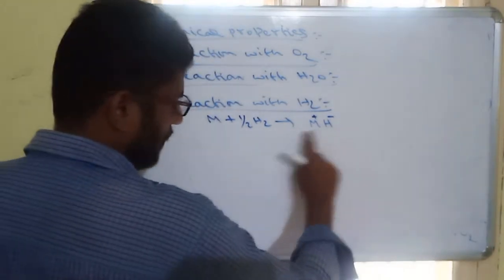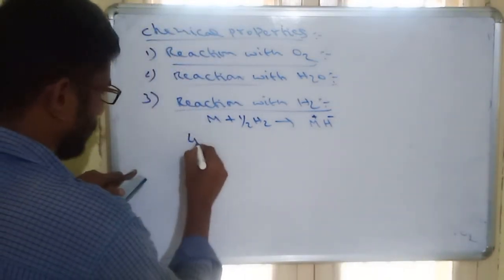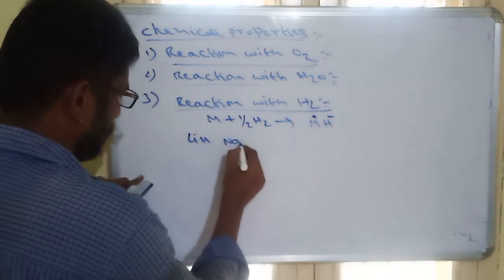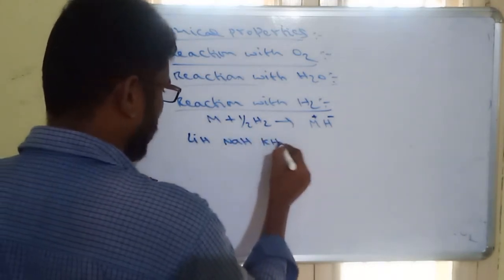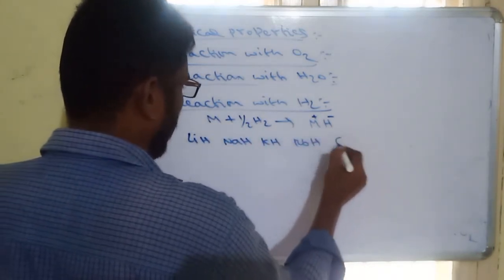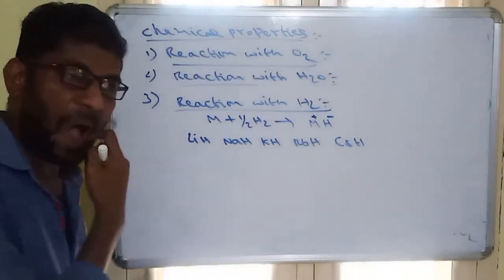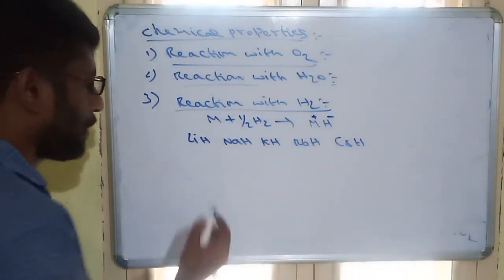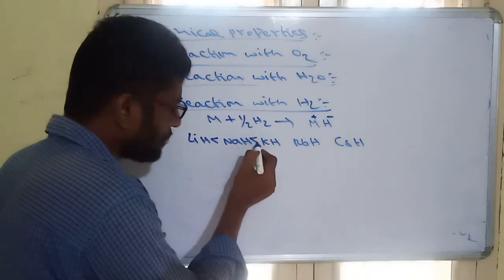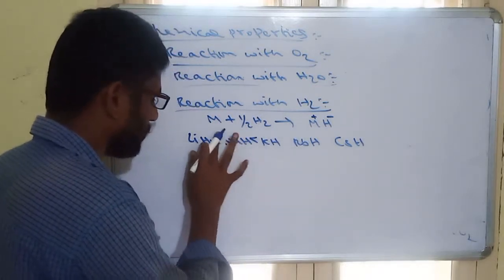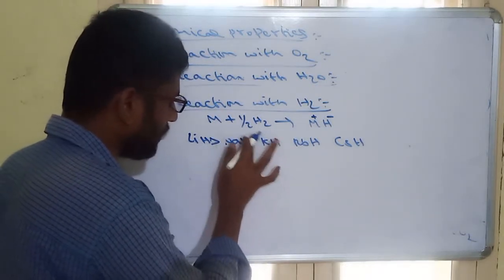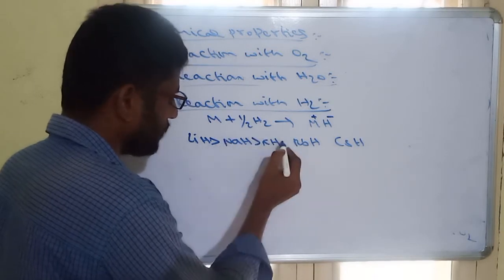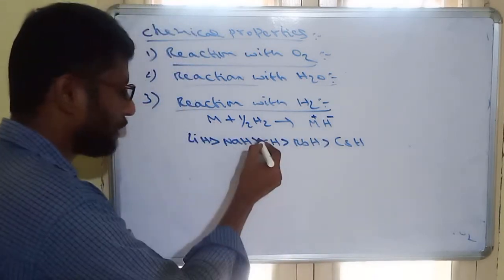When we observe these metal hydrides: lithium hydride, sodium hydride, potassium hydride, rubidium hydride, cesium hydride, the thermal stability decreases from top to bottom.